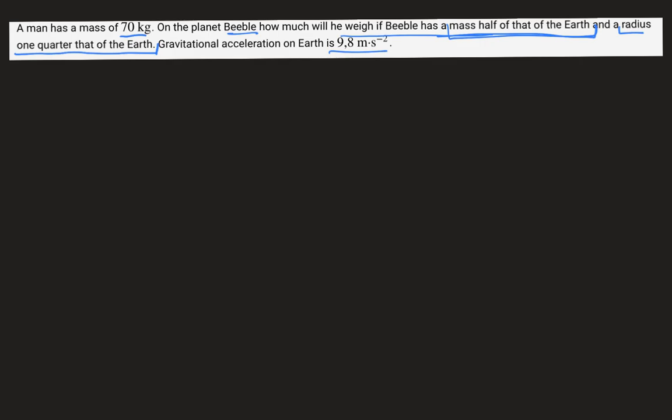Again, here we have the mass of the man at 70 kilograms. Great. Now we have the mass of planet Beeble in relation to Earth. They're saying that the mass of Beeble is equal to half the mass of the Earth.